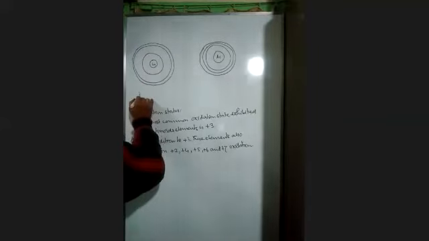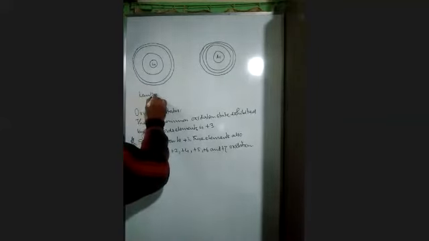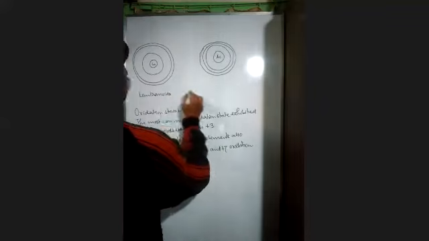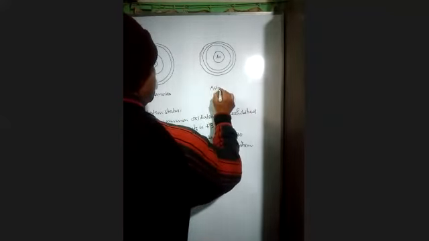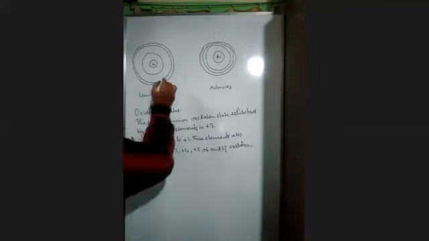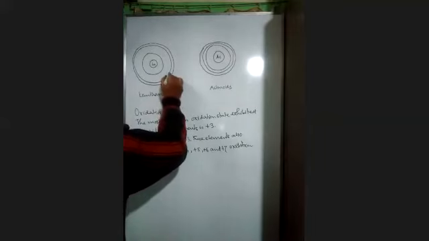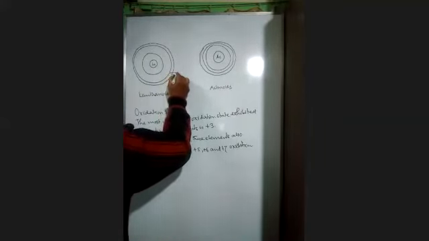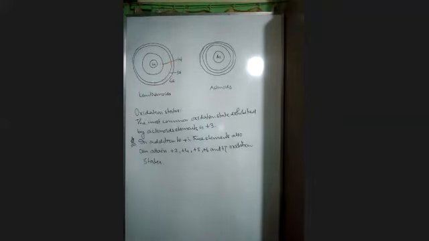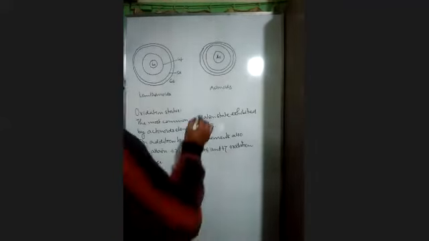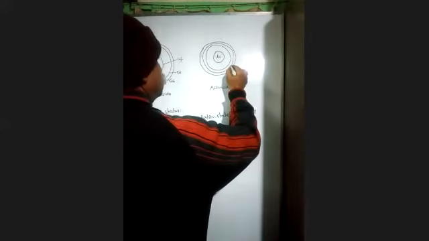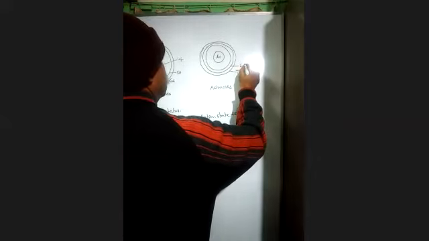See, lanthanide. Lanthanide is what? This is 6s. This is 5d. This is 4f. Here it is 7s. This is 6d.